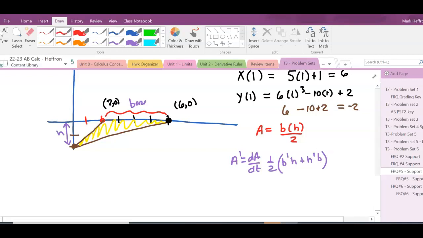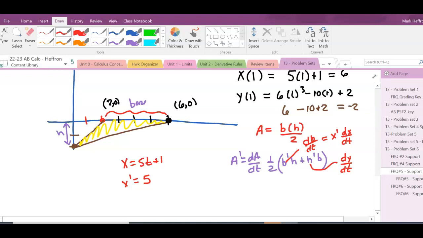Recognizing that b prime is the rate that the base is moving. So dB dt will also be x prime, or dx dt. And h prime will be dy dt. And so remembering that x was equal to 5t plus 1, that means x prime is just 5 with respect to time.